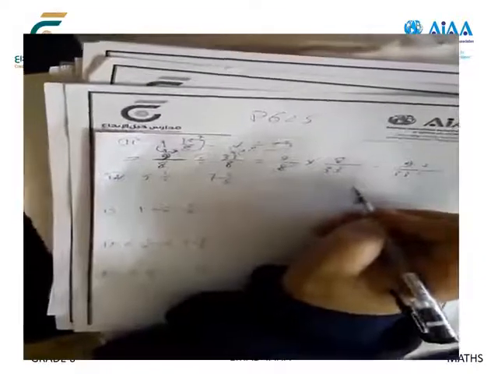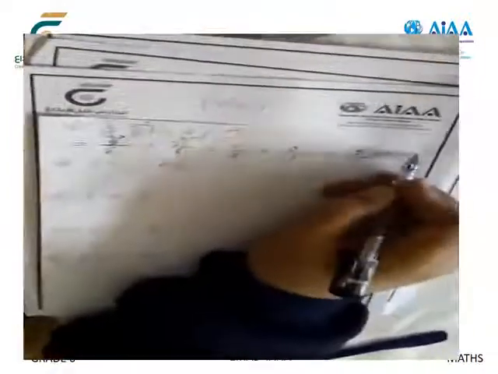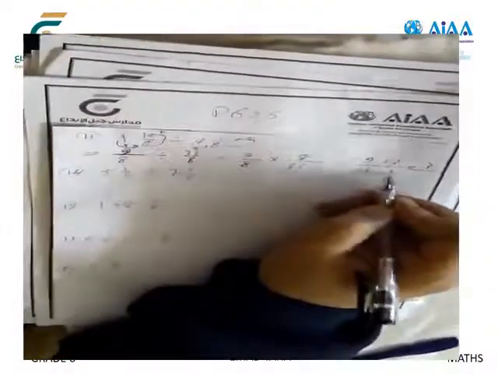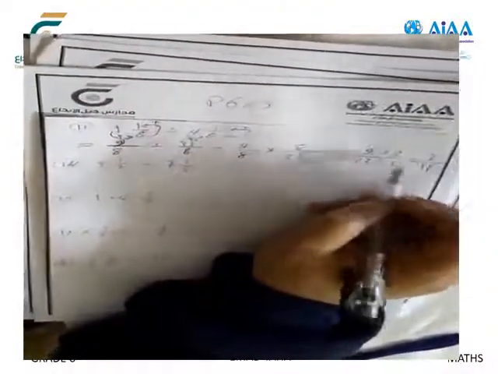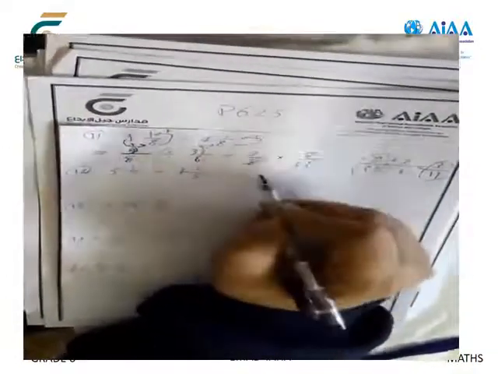But we can simplify the answer by dividing the numerator and denominator by a common number. What is the number that can divide both 9 and 33? Yes, 3. We can divide 9 by 3, it will be 3, and 33 divided by 3 equals 11. So the answer equals 3 over 11, or 9 over 33.